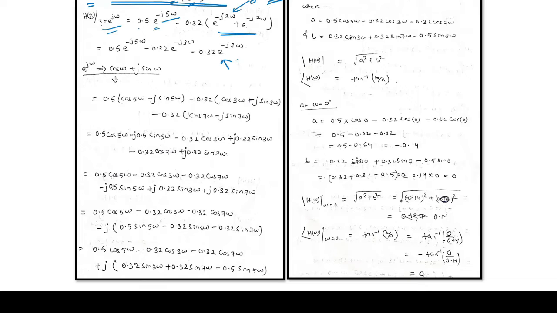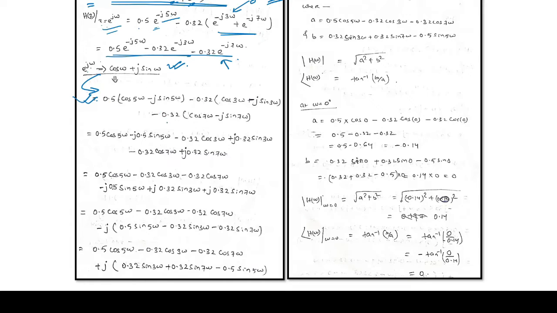Now once you have done this, e to the power j omega is nothing but cos omega plus j sin omega. You start putting it in this equation and you get this equation.